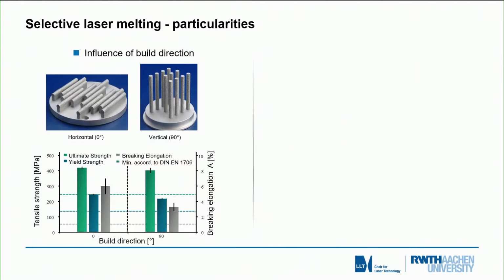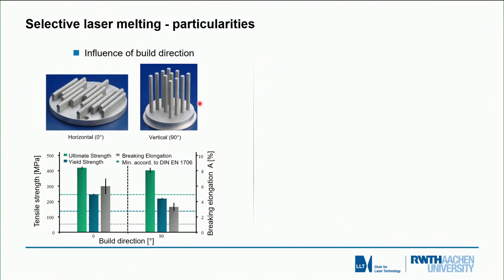Just a word on the performance of such structures. Of course, you have to be sure that you have density 1. So we talk about density 1 as soon as we exceed 99.99 percent. So you always have a little rest porosity, but in this area, it is very comparable to casting or other metal producing processes.